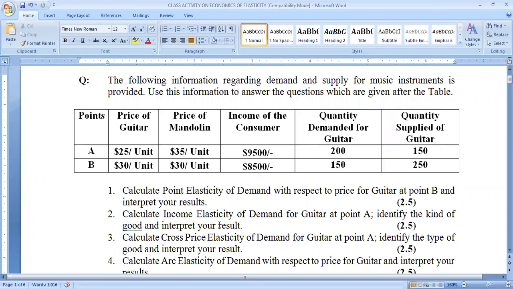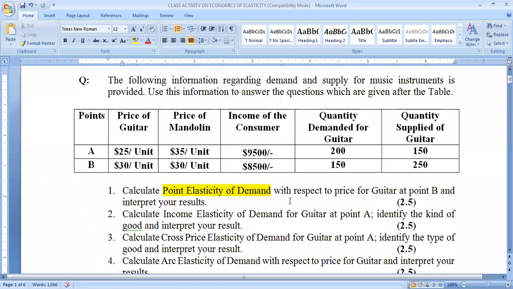Okay, the first question is: calculate point elasticity of demand with respect to price for guitar at point B and interpret your results. The term here is point elasticity of demand. What do we mean by this particular term?